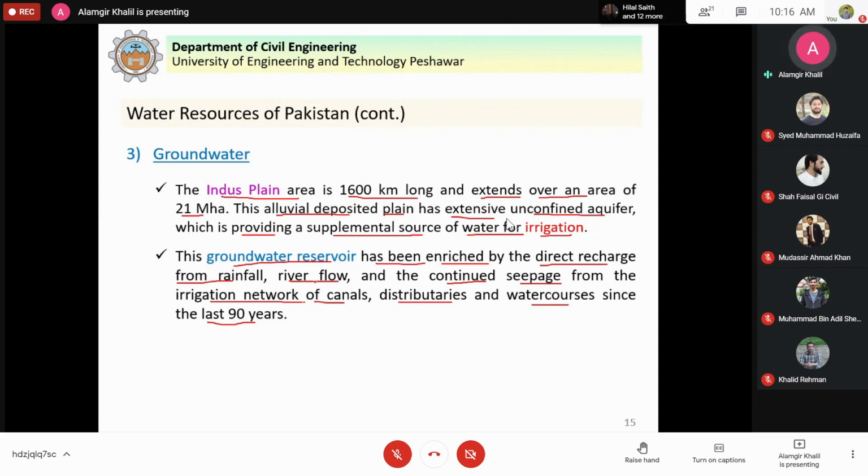Seepage can occur from the water flowing in the rivers, and from the irrigation network of canals. We have unlined canals where the seepage of water can take place. We have canals and then the distributaries and water courses. The difference is that of the sizes, clear? So the seepage can occur from these canals, distributaries and water courses, and they can refresh the groundwater reservoir.